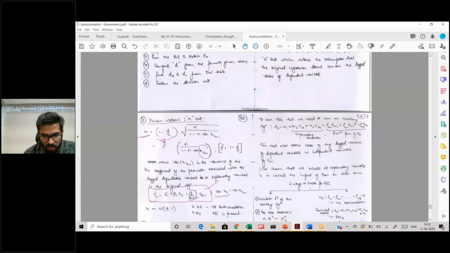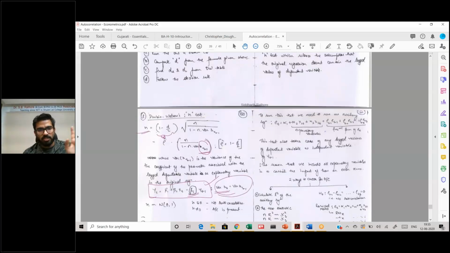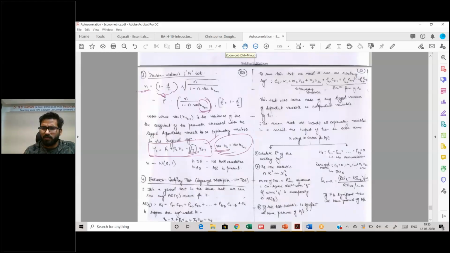So the variance of B3 is here, and you calculate this h statistic, which is often given by all computer software, and this h test has a standard normal distribution. You reject your null hypothesis that there is no autocorrelation in favor of the alternative hypothesis that there is presence of autocorrelation. So this is a simple test, but it is used when you have autoregressive models.